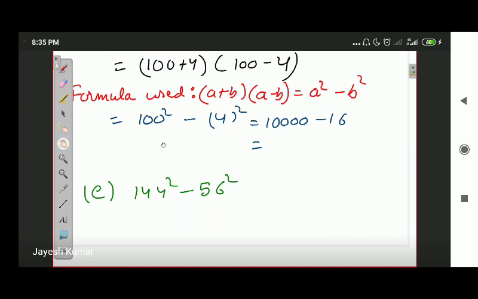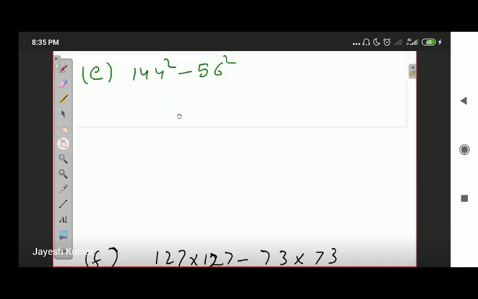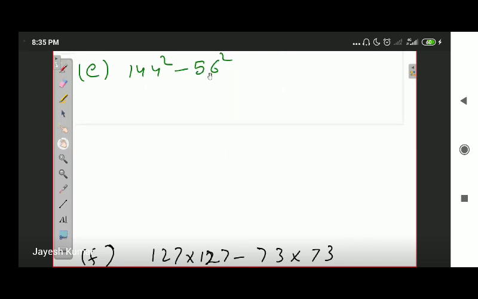But in E and F part the problem is that the square of 144 is quite difficult to determine, and the square of 56 is also quite difficult to determine. So what we do is we apply the formula in reverse order.